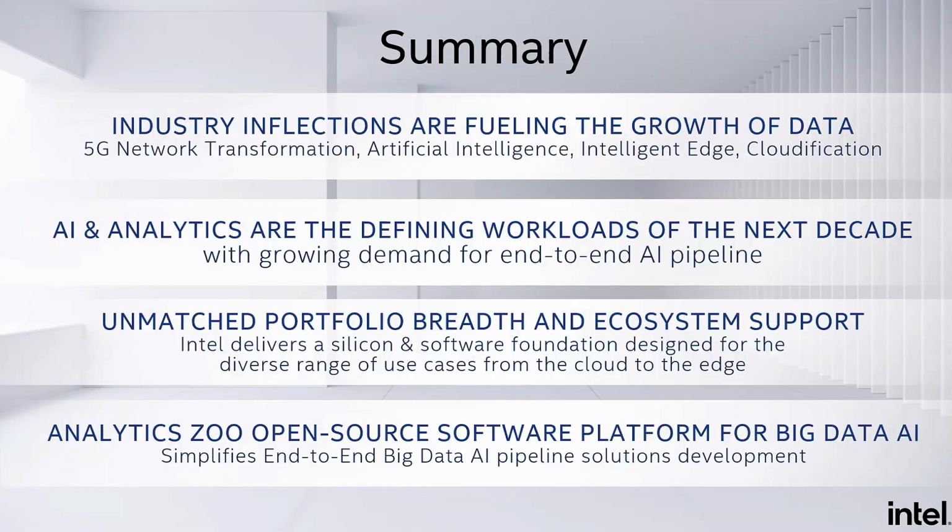In summary, what we covered today: we talked about the industry inflection point fueling the growth of data, from 5G networks to AI to the intelligent edge to the cloud. We talked about AI and analytics being pervasive, and we see that for the next decade. We see a growing trend and demand for the end-to-end AI pipeline that Jason talked about.